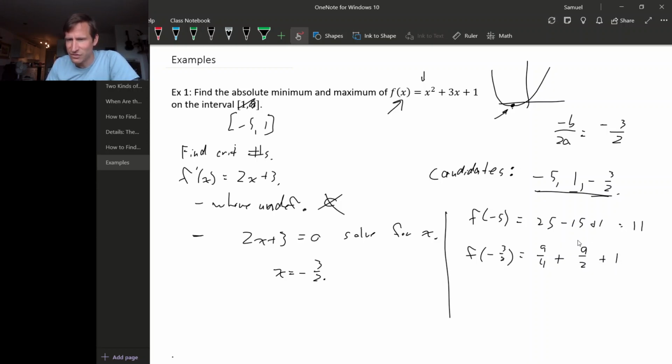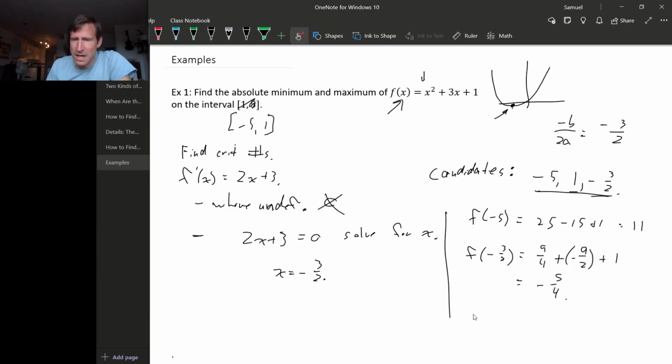This 9/2 should be negative, right? Because it's negative times, okay. So this is, let's see, minus 9 halves plus 9 quarters is minus 9 quarters, plus 1 is minus 5 quarters.